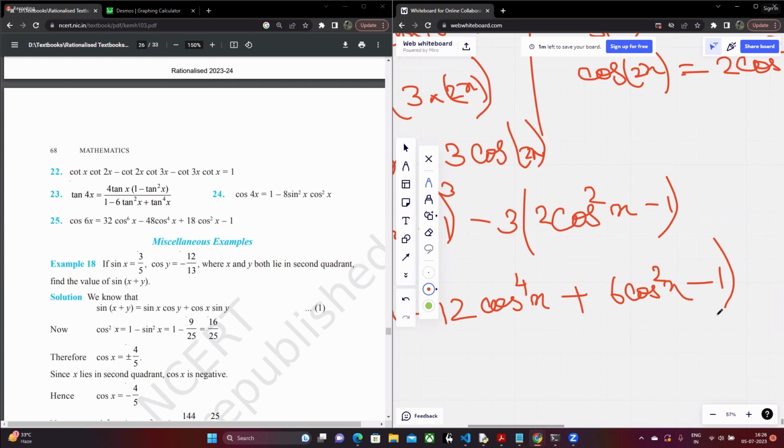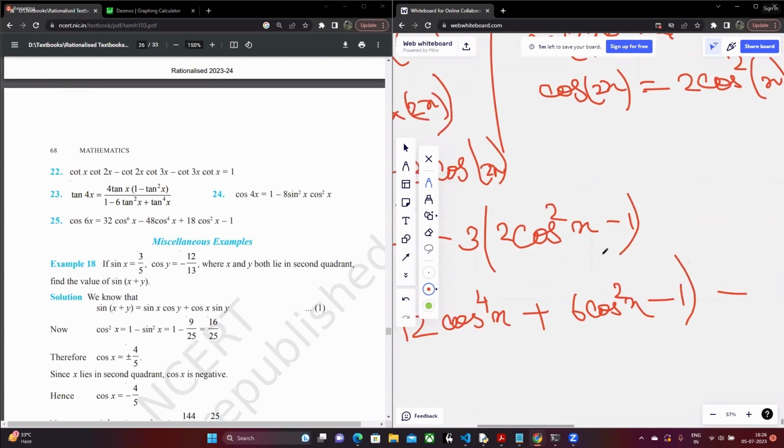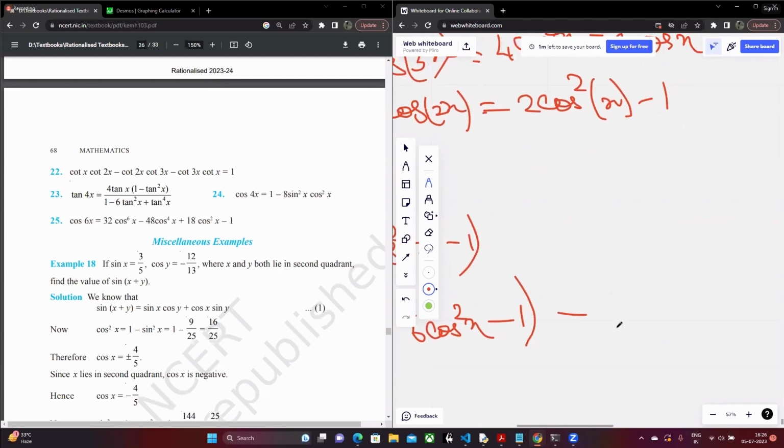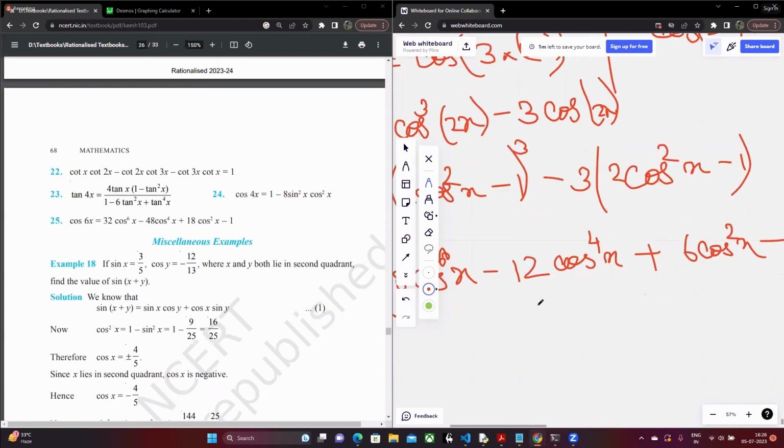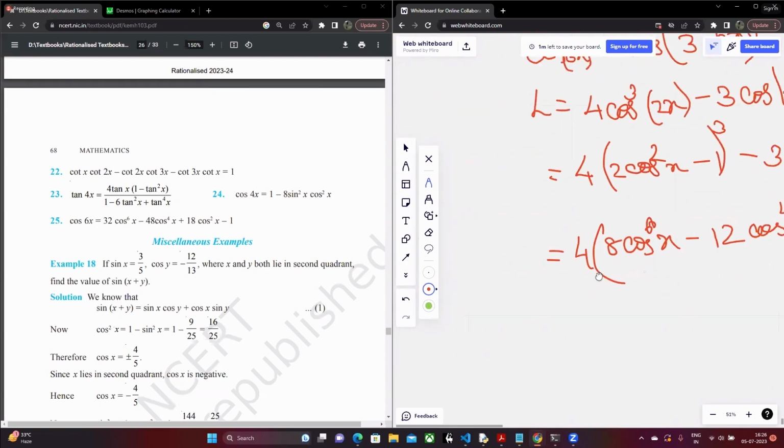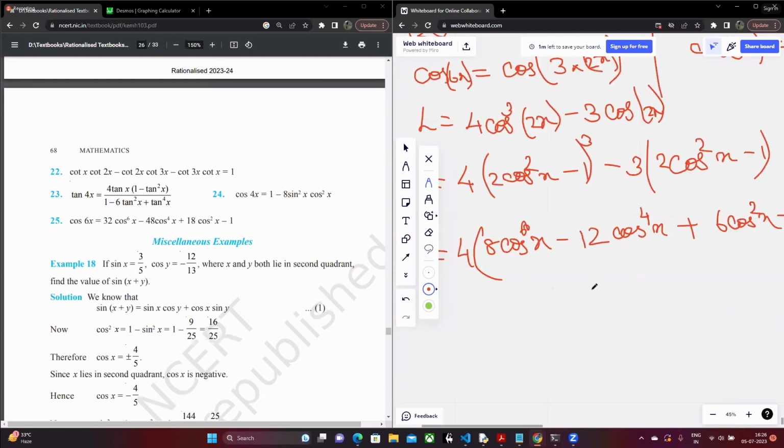In conjunction with minus, this is 6 cos squared x plus 3. Right? Removing the pre-multiplied 4.